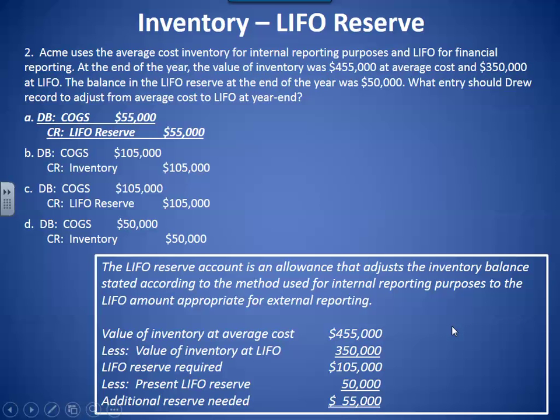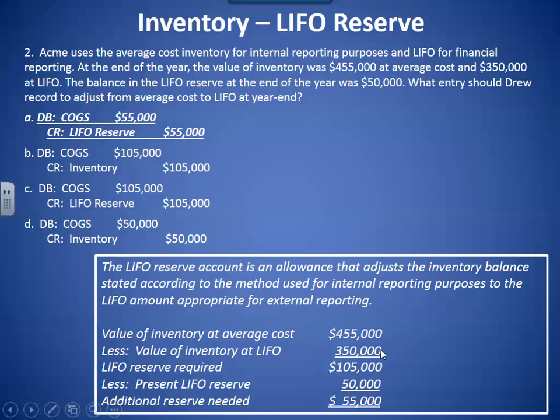Now, the computation here is fairly simple. The value of inventory at average cost was $455,000. Now, if we were to value the inventory at LIFO, and again, that would be done in a separate calculation, the inventory value would have been $350,000.